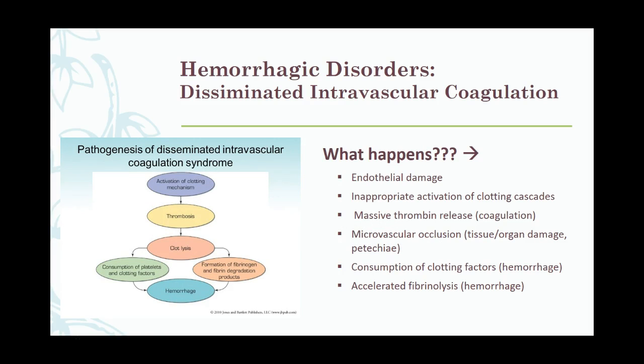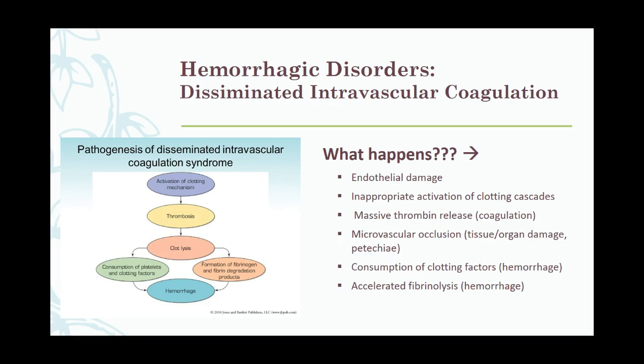So let's talk about what happens in DIC. The first thing that occurs is there is some kind of endothelial damage. And because of that, we have an inappropriate activation of clotting cascades in the body. There's a massive thrombin release, which causes coagulation.